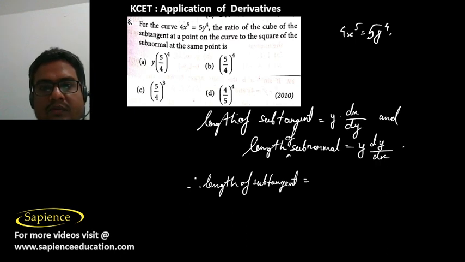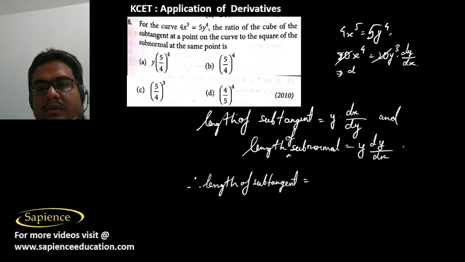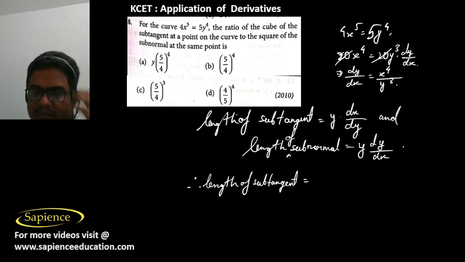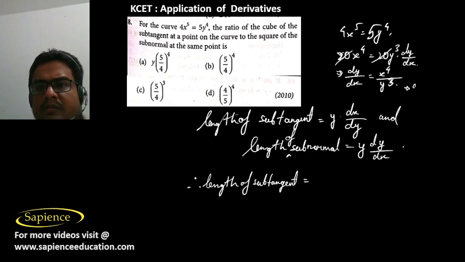From here, if we differentiate both sides with respect to x, then we get 4 into 5, 20 x power 4 is equal to 5 into 4 y cube dy by dx. Dy by dx, that is x power 4 by y cube. So dx by dy equal to y cube by x power 4.